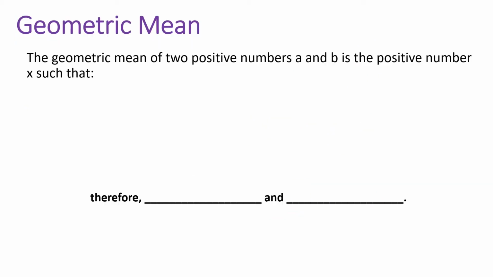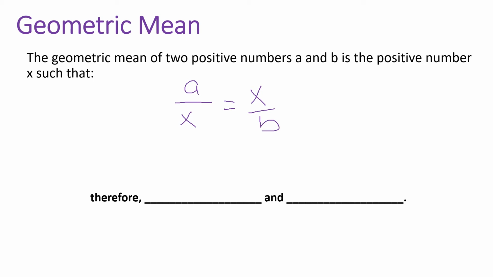All right, so what is the geometric mean? The geometric mean of two positive numbers, a and b, is the positive number x such that a over x is equal to x over b.